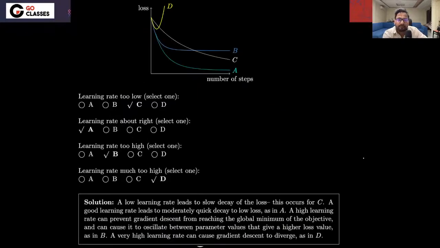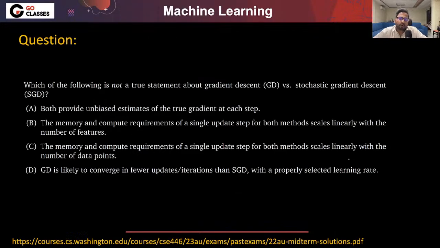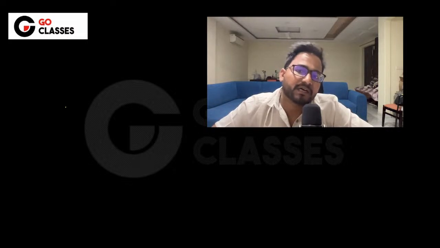So now I have a couple of more questions, and all of these questions I have already solved in one of the videos. Whatever we have done just now is more than enough to solve probably any question that they are going to ask related to stochastic gradient descent, mini batch gradient descent, or gradient descent.